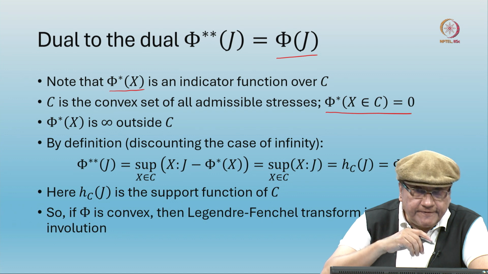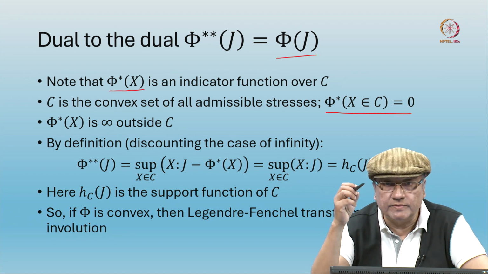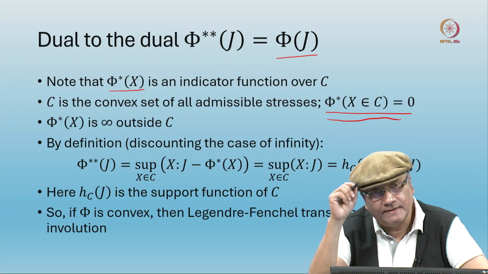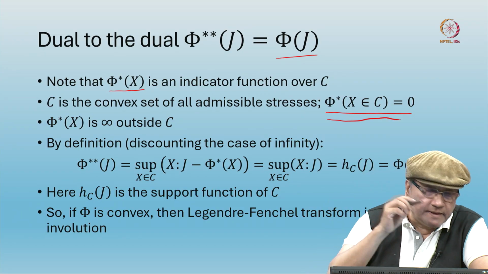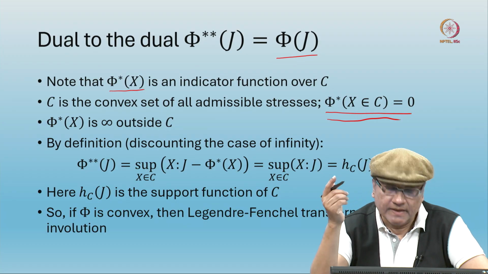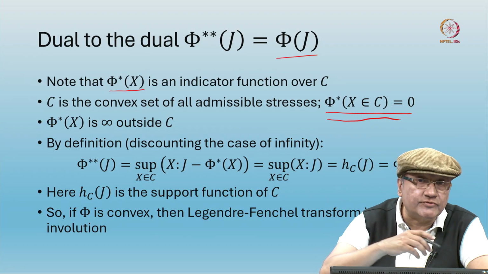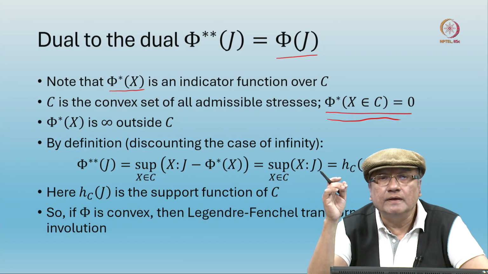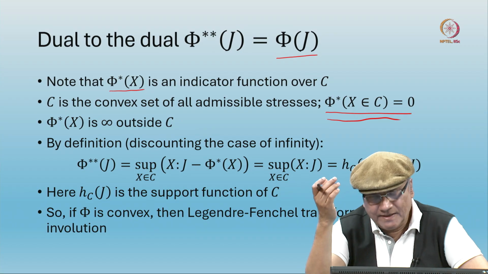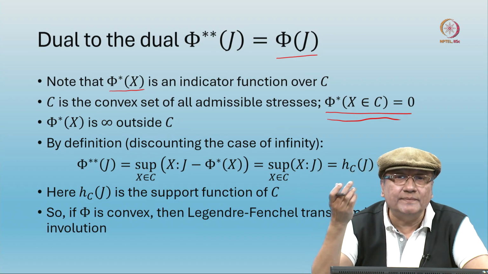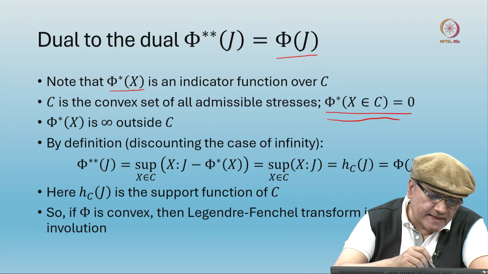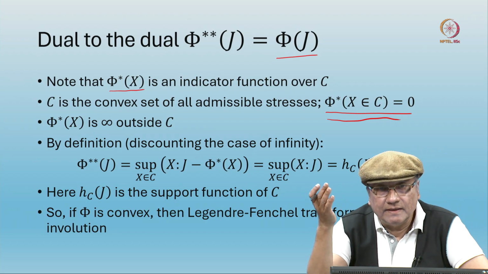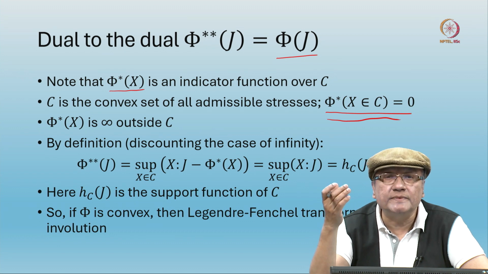Now, suppose I want to take the Legendre-Fenchel transform of phi star itself. Then I should call it phi star star, right. That should be a function of the strain rate like object. Every time you take a Legendre-Fenchel transform, you can think of it as doing something like a derivation, in the sense that we take a supremum. In standard calculus for smooth functions, taking a supremum is taking a derivative.